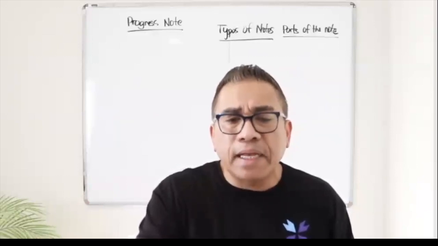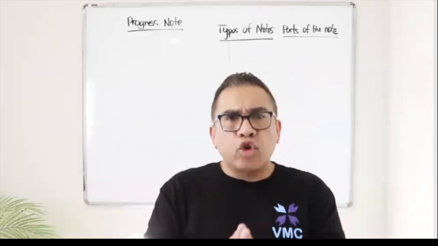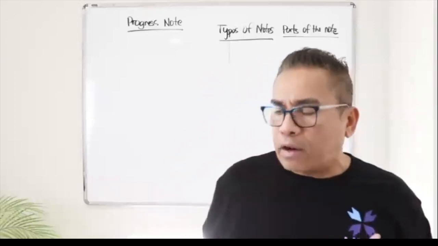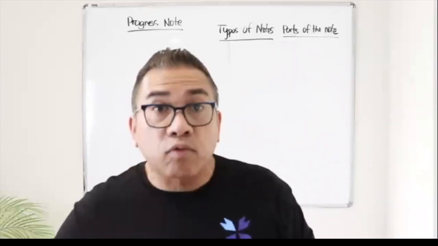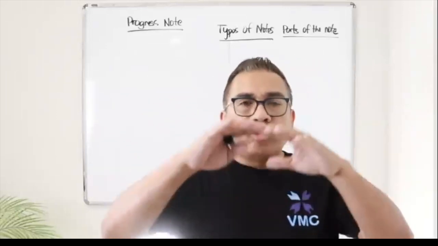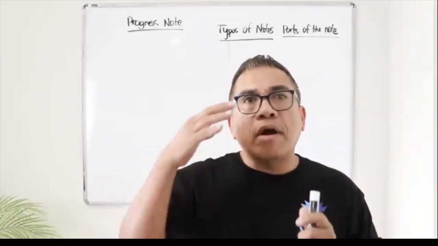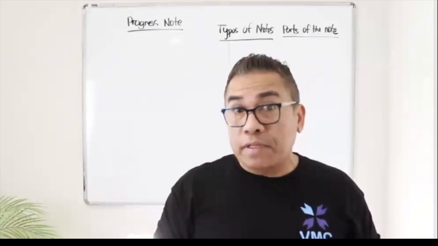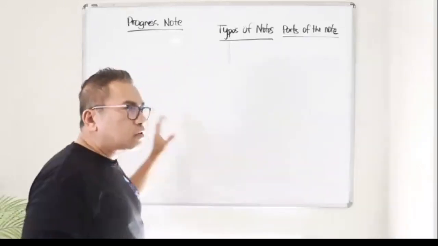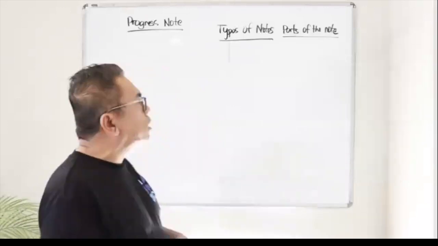But in the meantime, guys, how do we determine the different format or the structure of a medical record? This is how you determine. In generality, there are three main components of a note, of a medical record or a progress note or a patient's chart or clinical chart.